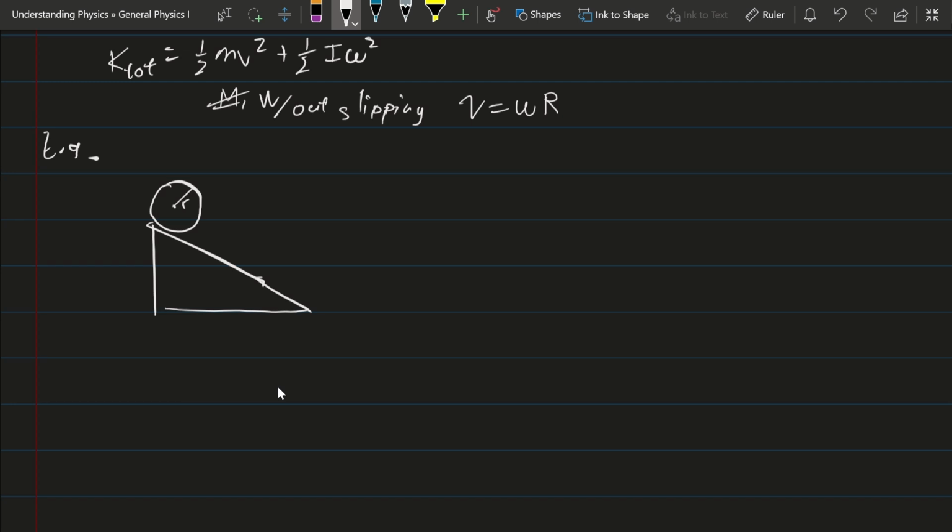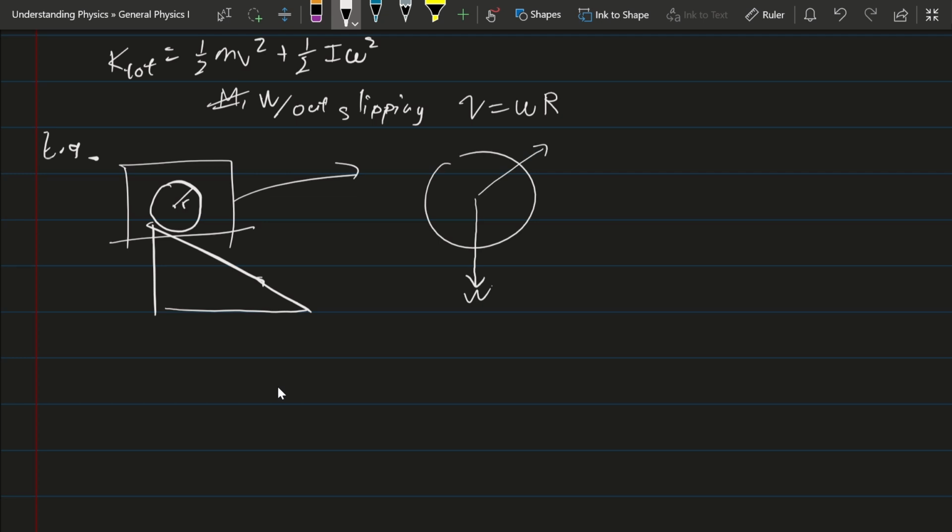So if you try to analyze this object, you could view this as a free body diagram of the object here. You would notice that it will have weight, and then it will also have a normal force. But not only that, it will also have friction here. And this friction would be enough for it to roll without slipping.